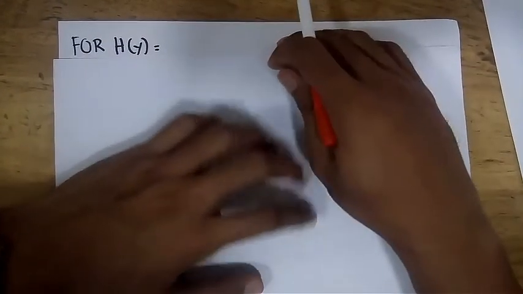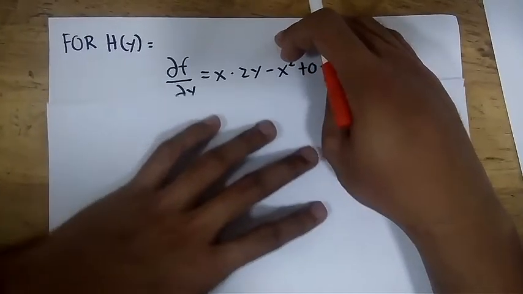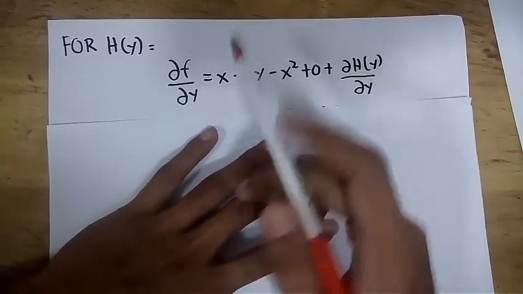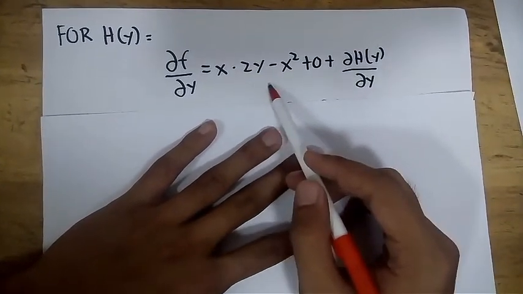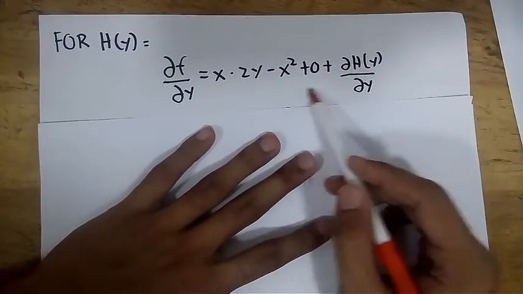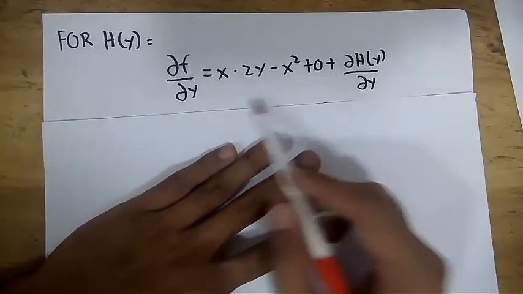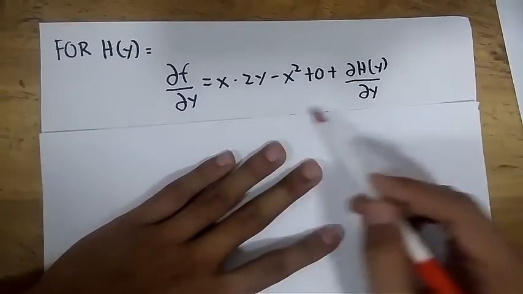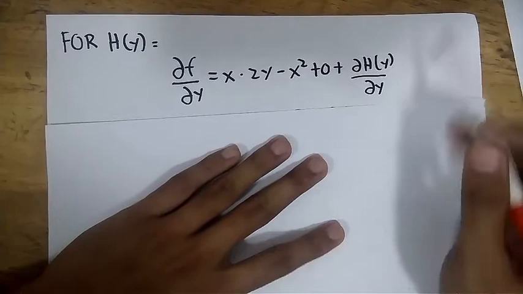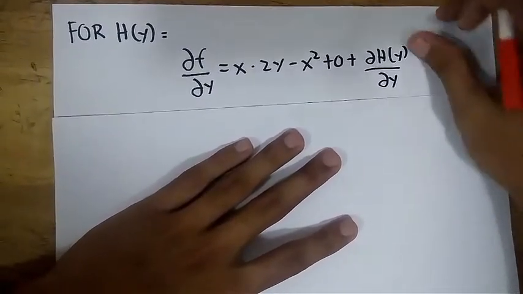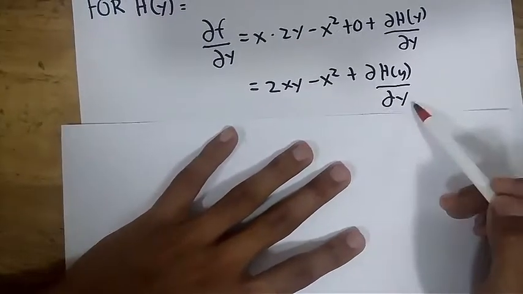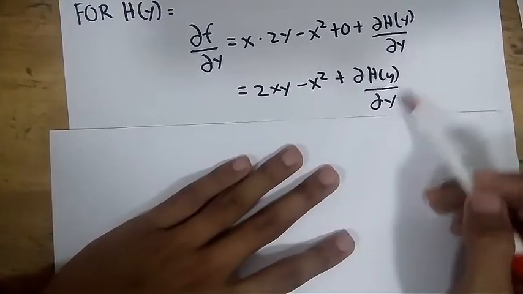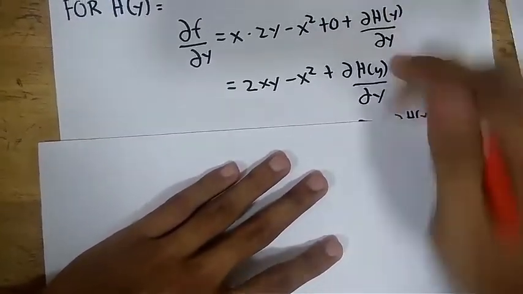So the partial derivative of f equals x times 2y minus x squared plus 0 plus the derivative of h of y with respect to y, equals 2xy minus x squared plus h prime of y.